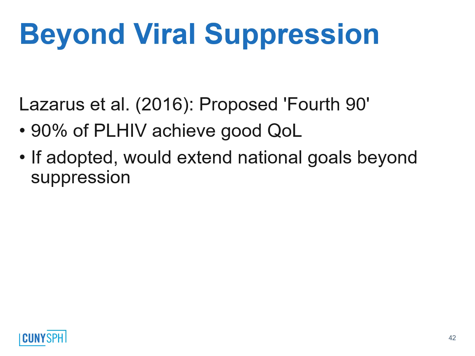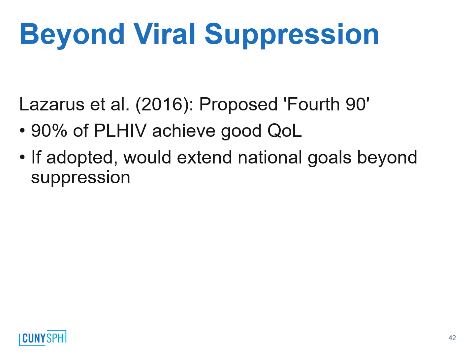Lazarus and other researchers proposed a fourth 90, which looked at issues beyond viral suppression and focused on achieving a good quality of life after viral suppression. So if adopted, these would extend the national goals beyond suppression alone.